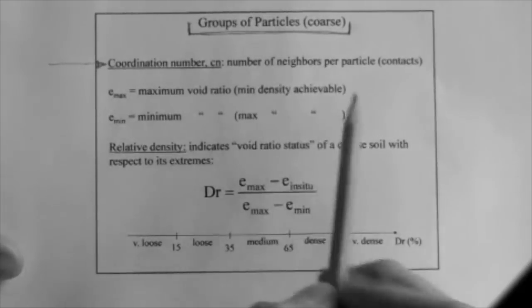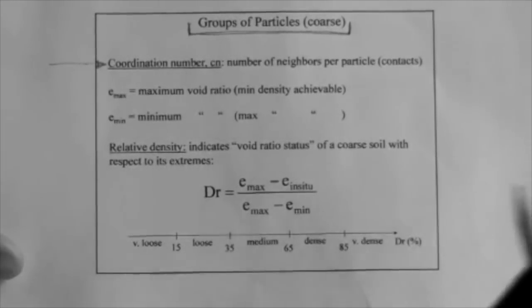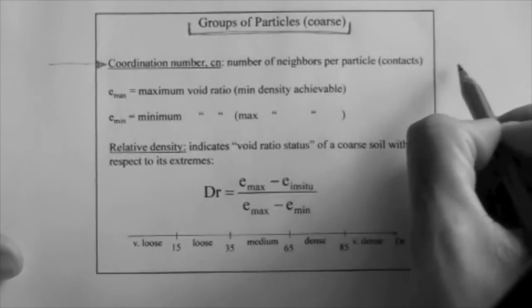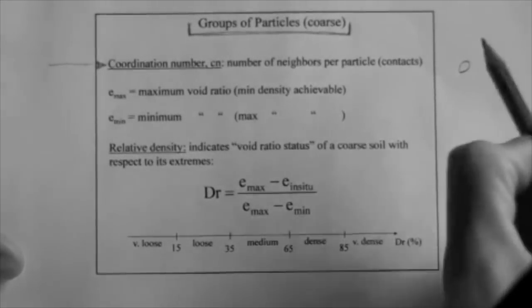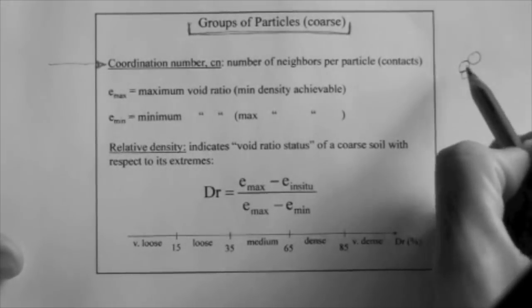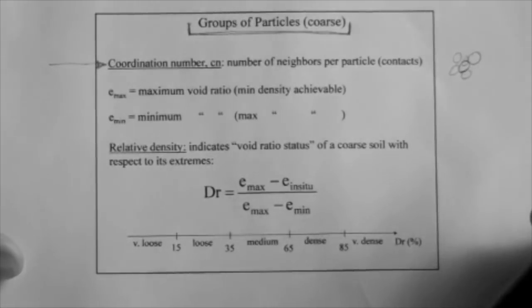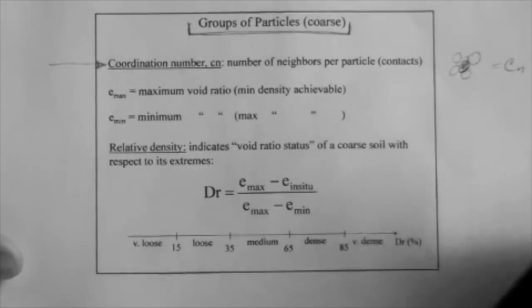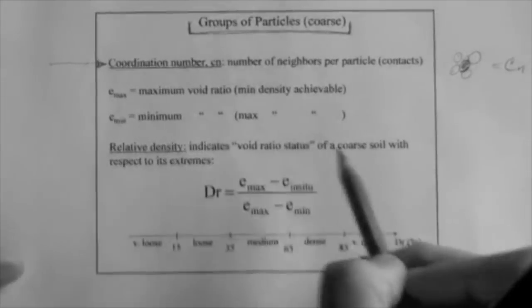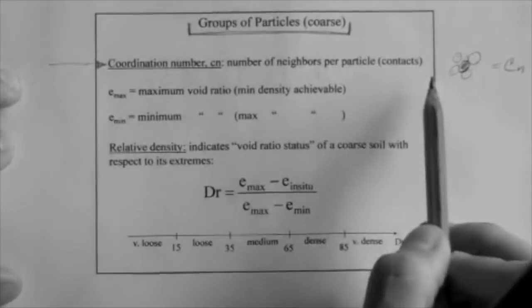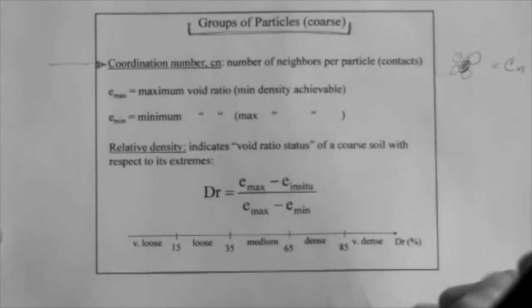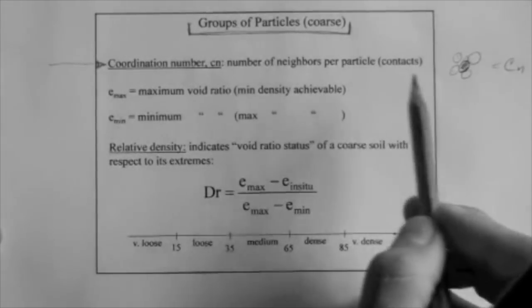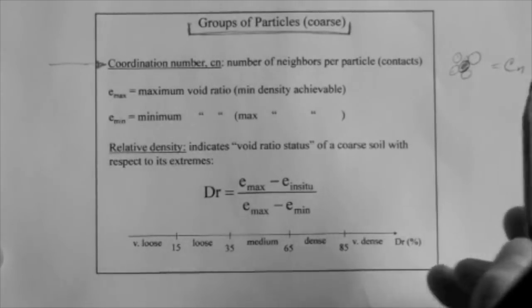If you have a soil mass and you pick one particle of that mass and you count the number of other particles it is touching, then that is the coordination number. So for this particle, 1, 2, 3, 4, 5. That is just a definition that we have to keep in mind, because we're going to refer to it every so often.